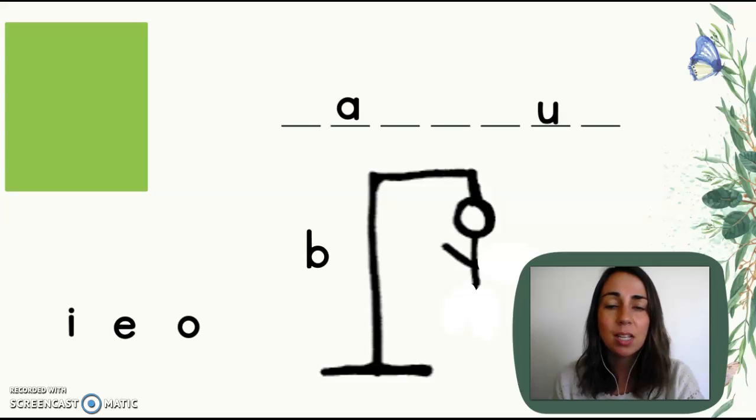Let's see our next sound, B. Yes, and it does have a B. Okay, very good. And more sounds. What sound is that? S. Very good. So let's see if it has an S. No, there are two arms on our hangman. Oh, let's see the next sound. D. Wow, very good.